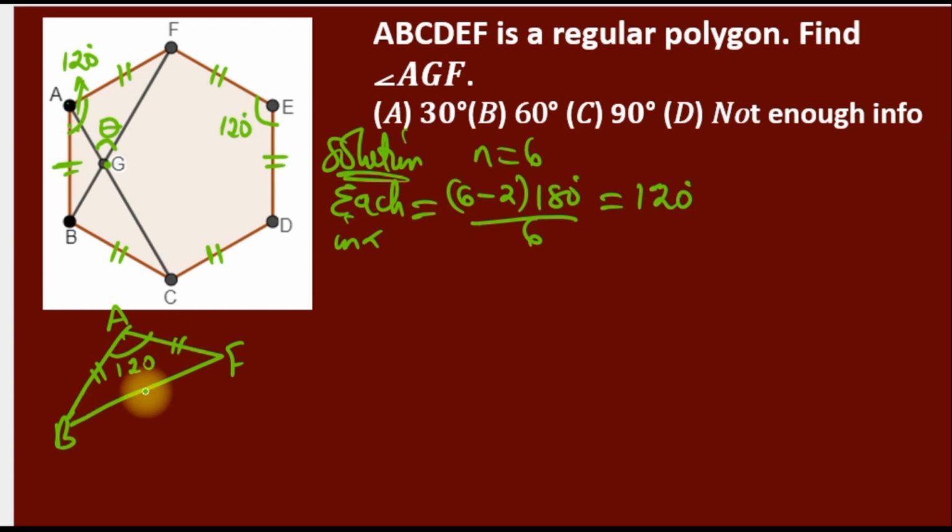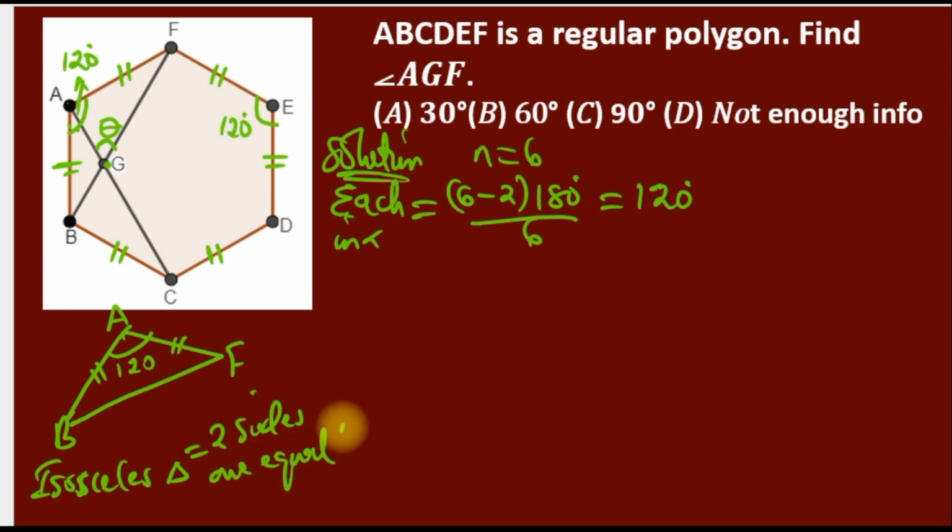So what's the name of this triangle? We have an isosceles triangle. An isosceles triangle means two sides are equal or congruent. If you don't call it equal, you call it congruent. So that's it.